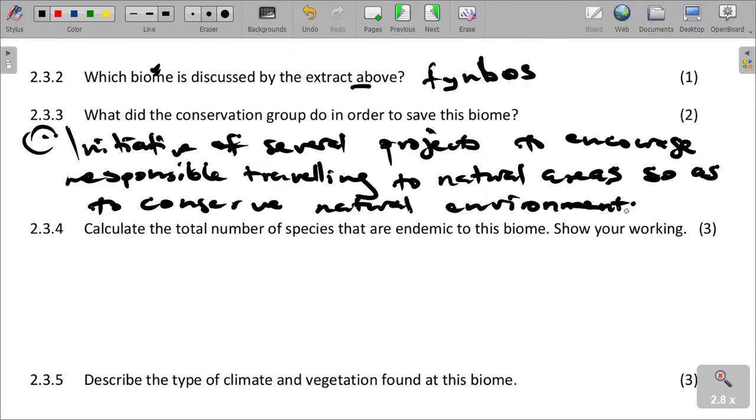That is one thing that we see: the initiative of several projects to encourage responsible traveling to natural areas so as to conserve the natural environment is what is being done.